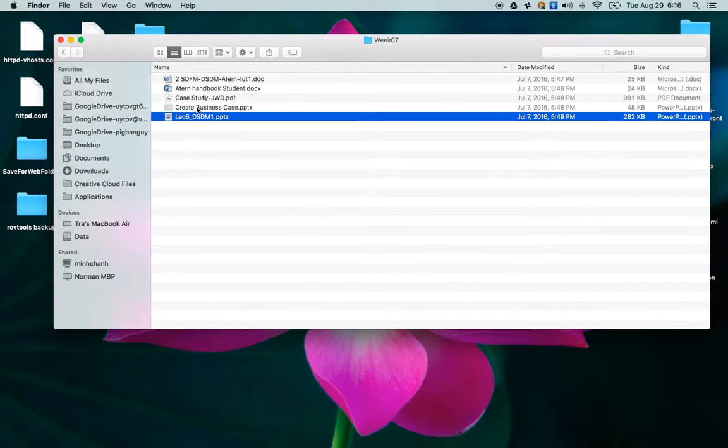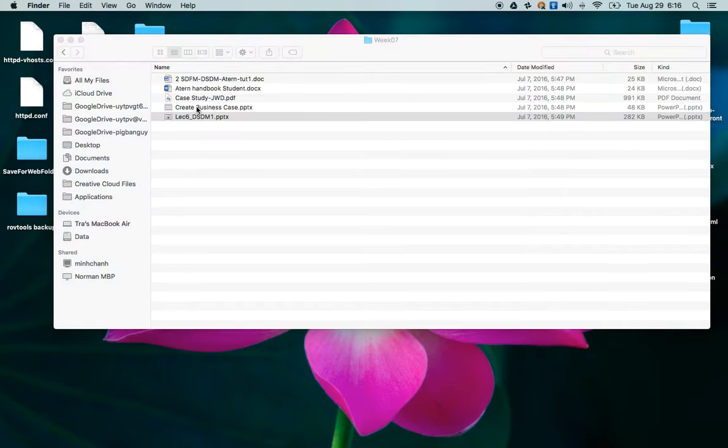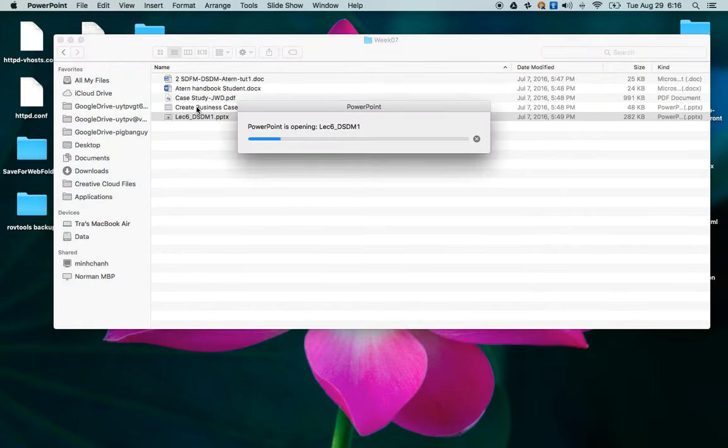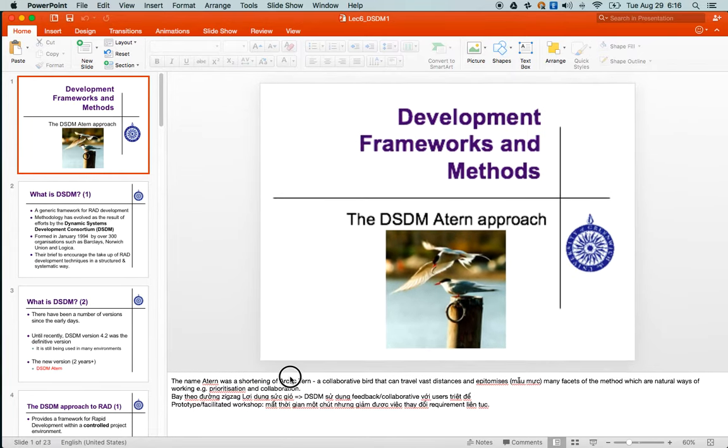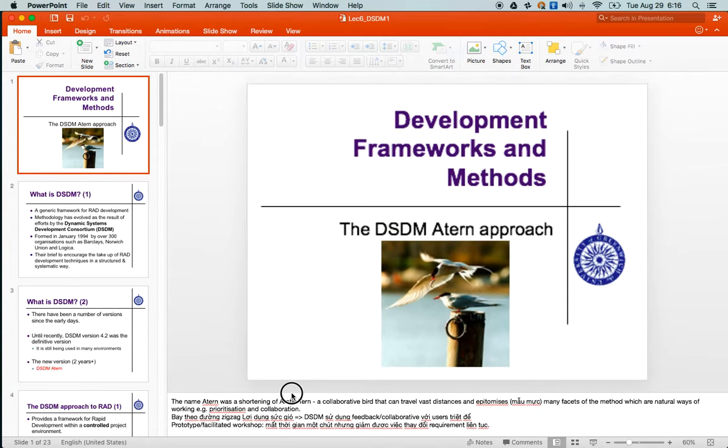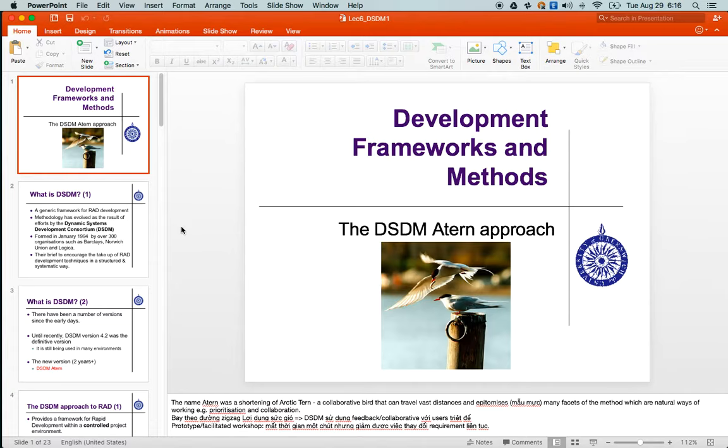For anyone who knows about DSDM, you will see that DSDM is quite heavy duty for some software projects. And people need something lighter, more flexible, more portable. And that's why DSDM Agile has been born.